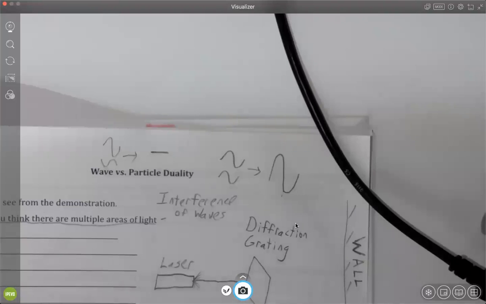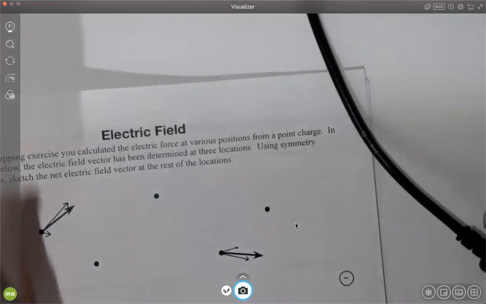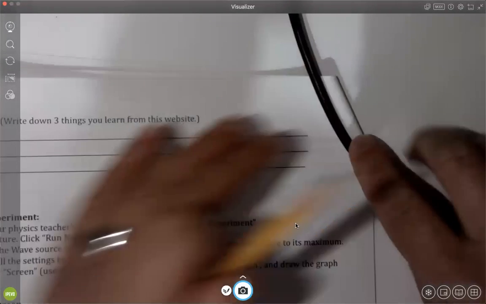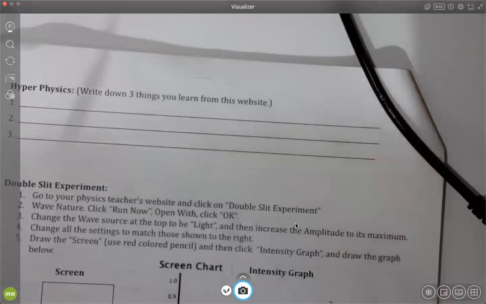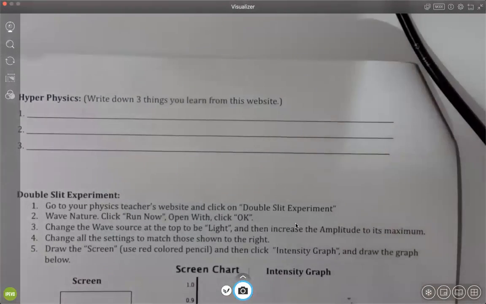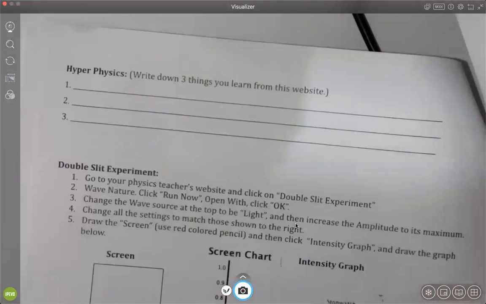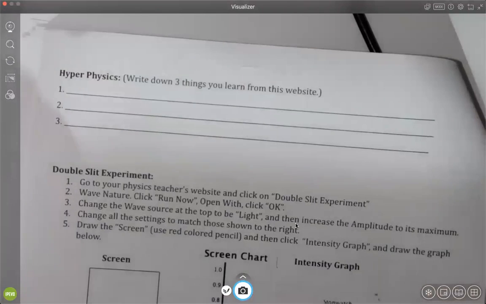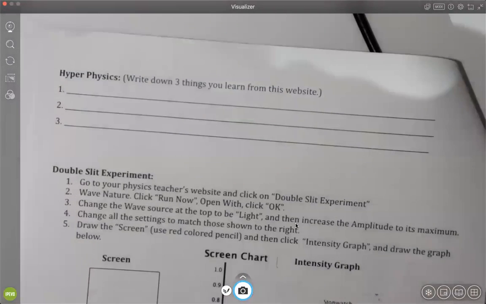So what I'm going to take us to is this hyperphysics site I've given you. And what I want you to do is look at the photoelectric effect. And this photoelectric effect is going to give us some cool stuff here.